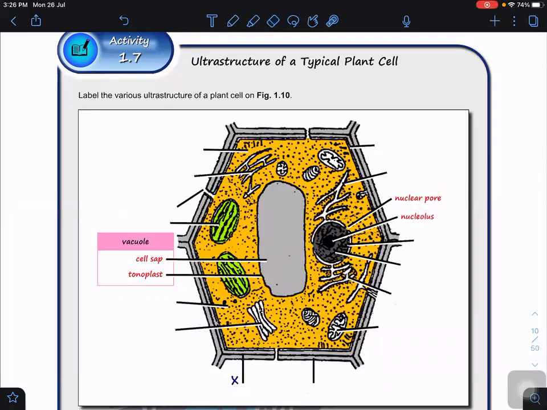And then you can see the thread-like structures, which are known as the chromatin. And this line points to the membrane of the nucleus, which is known as the nuclear envelope. So all of them belong to the nucleus.